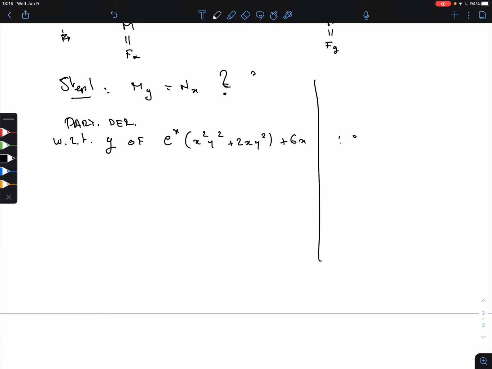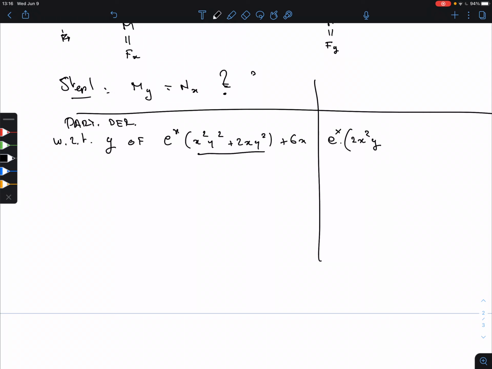So I'll write it here so that you see that. Okay, so e^x is a constant, and then we have to take the derivative of this guy, but pretending the x squares are constant. So we get 2x squared y plus 4xy. Okay, what happens if I take the derivative there? Well, that's 0, because x is a constant as far as y is concerned.